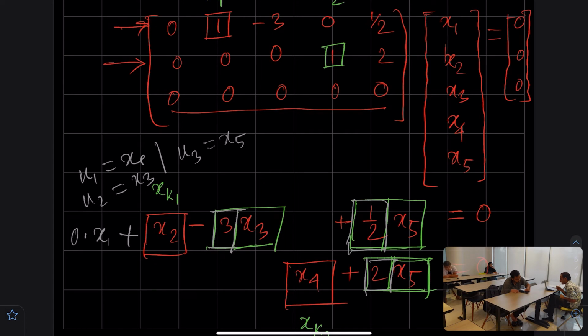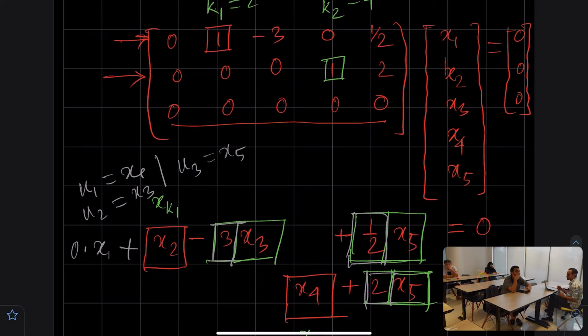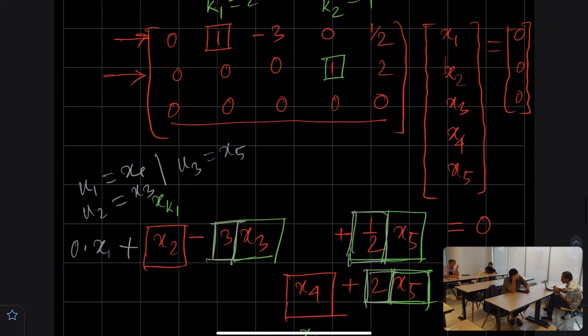And what is the coefficient of x3? This is minus 3, but that is C1, 2, in terms of c. You are reading things using u's, not x.